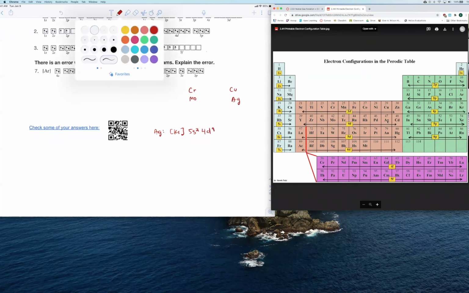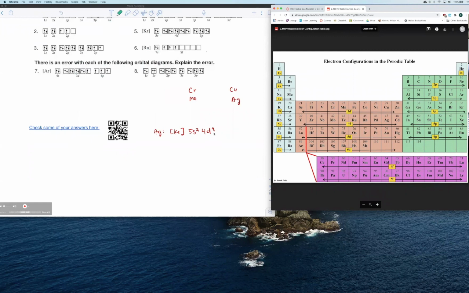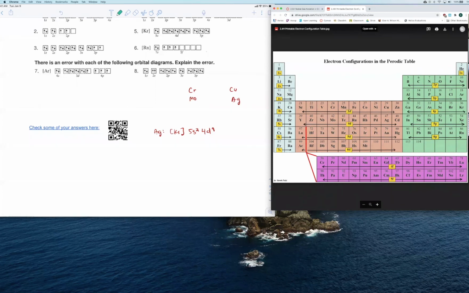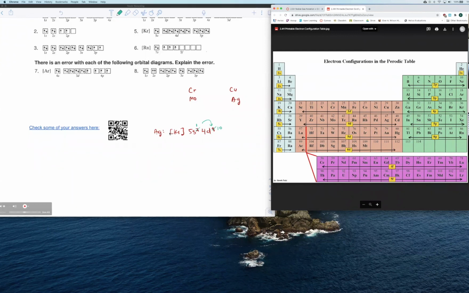But remember, a d orbital that's half filled or completely filled is more stable. So what would happen is you would have one electron that would leave and go into the 4d orbital. So Ag or silver's electron configuration would actually be 5s1 4d10.